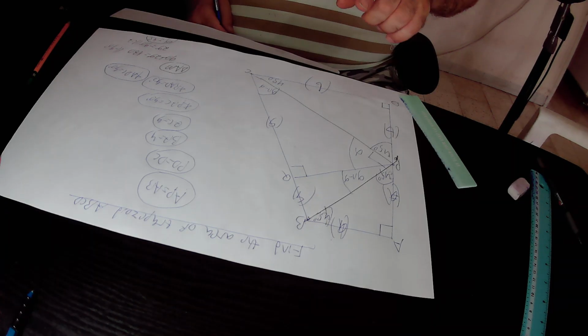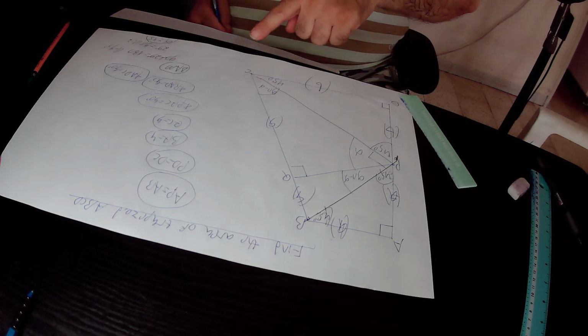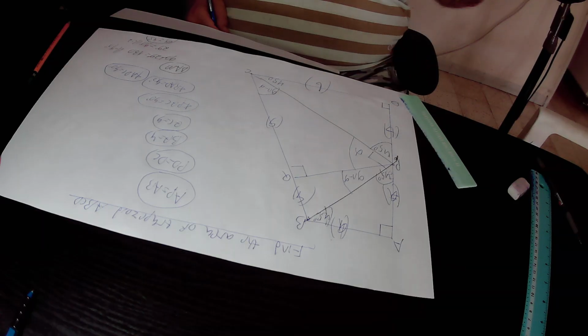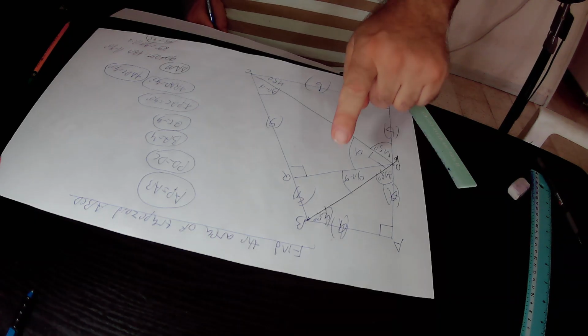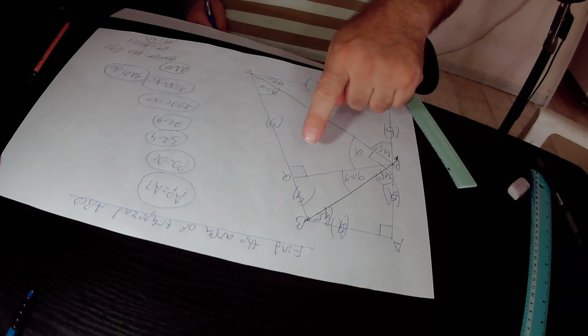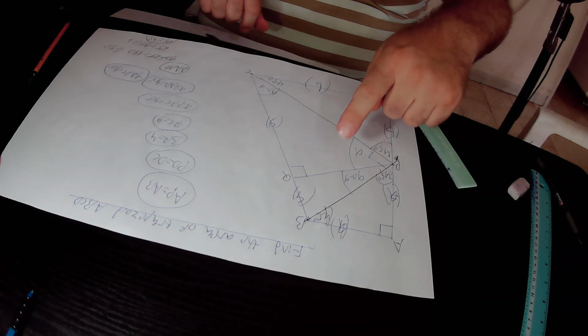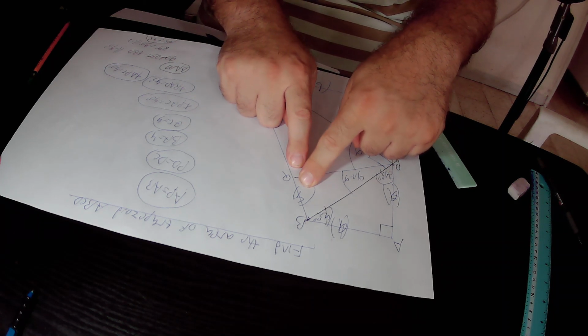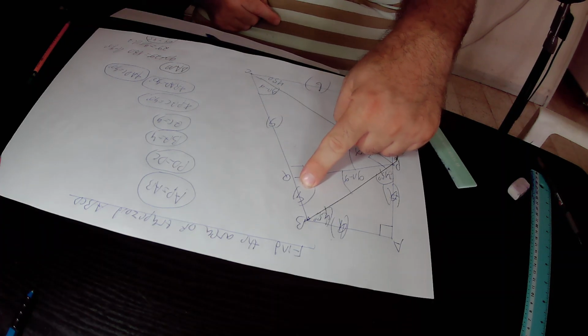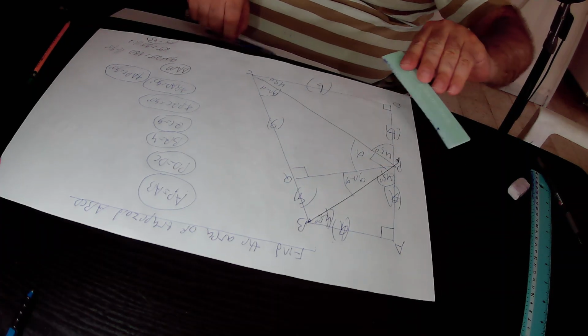So if we focus on the left side of the straight line BC at point Q, here the sum of the angles must be equal to 180 degrees according to rule 3. So which angles do we have at the left side of the straight line BC at point Q? We have this angle that is a right angle plus this missing angle. In total, the sum of those two angles must be equal to 180 degrees according to rule 3. Therefore, this missing angle must be equal to 90 degrees in its size.